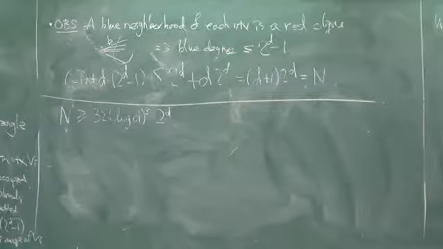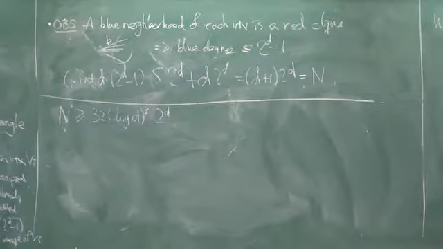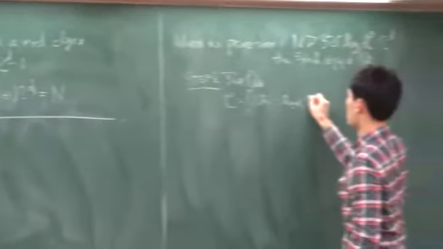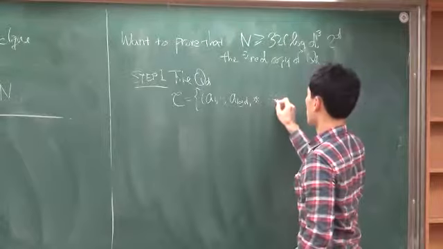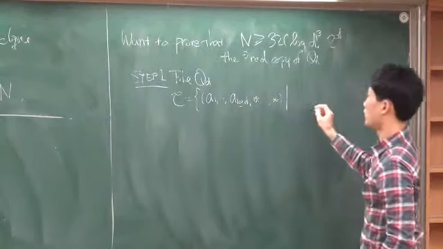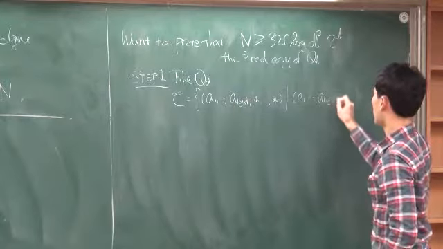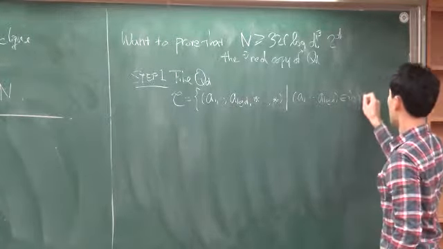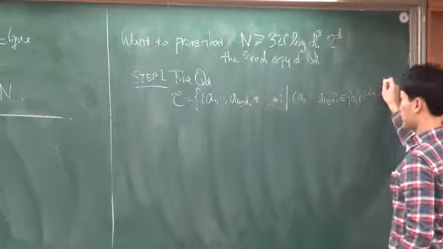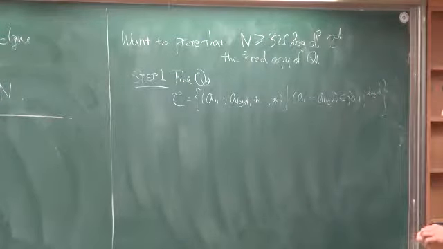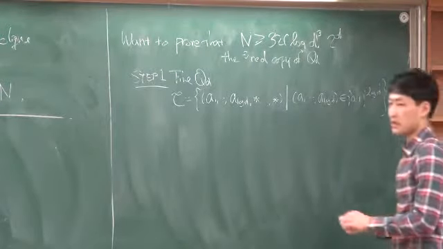So what we're going to do for step 1 is I'm going to find a family of subcubes of Q_d as follows. Log d. Oh, this is not as scary as it looks.